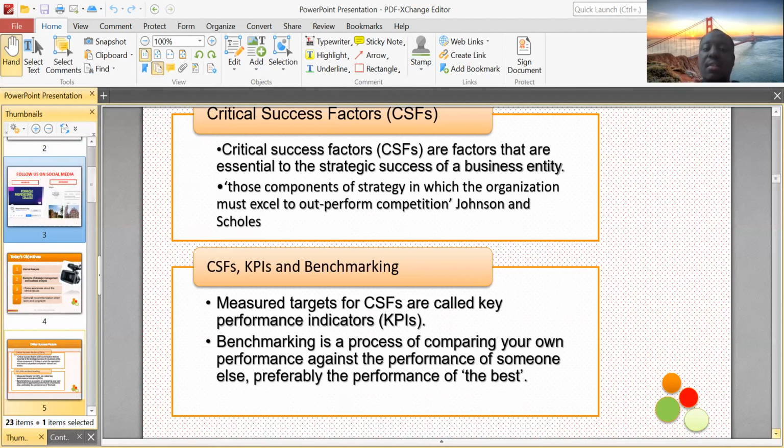So if you take a critical success factor of, let's say, ensuring customer convenience, a key performance indicator, if it's in a banking industry, if you want to make things convenient for the banking customers, would be the number of visits on your online platform or your website for transactions.